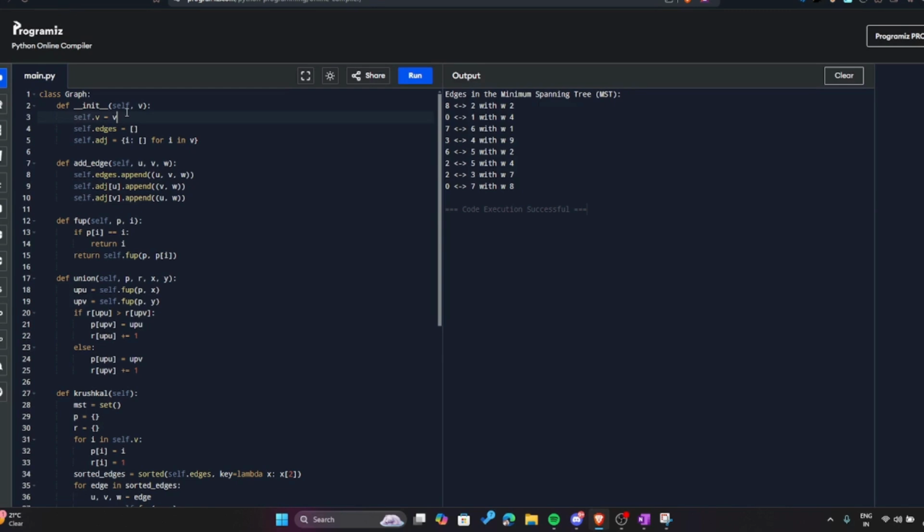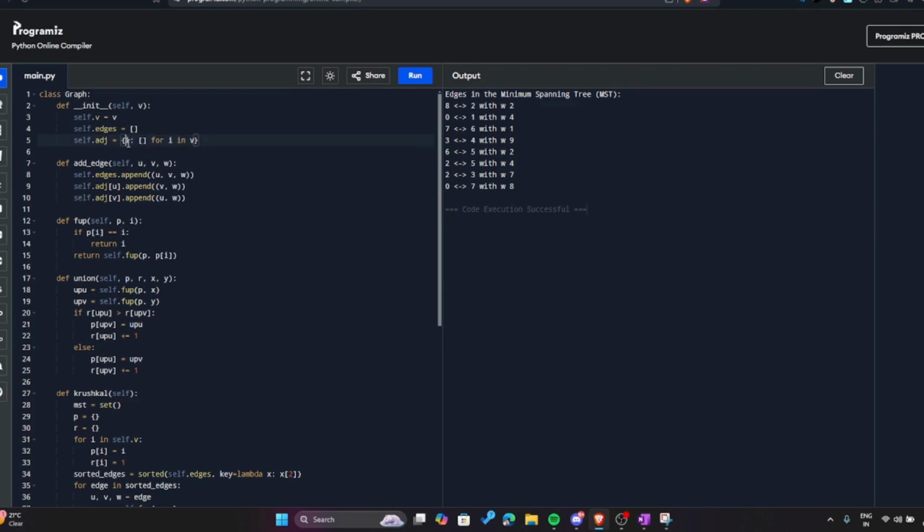So self.V is equal to V, and self.edges would be equal to this. As soon as it starts, you have a total number of vertices in it, and an empty list. Sorry, this is the edges, by the way, and this is the adjacency matrix.